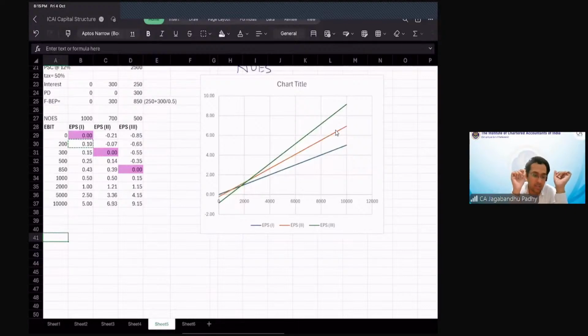Whereas a higher break-even point means you need to push more, you need to put in more effort, you need to generate a good level of EBIT, not good, excellent level of EBIT to get profitable. And that indicates again you are having a greater degree of risk. So why are we computing the financial break-even point? To calculate which of the plans are having greater risk and which of the plans are having lesser risk. Are we good, everyone?